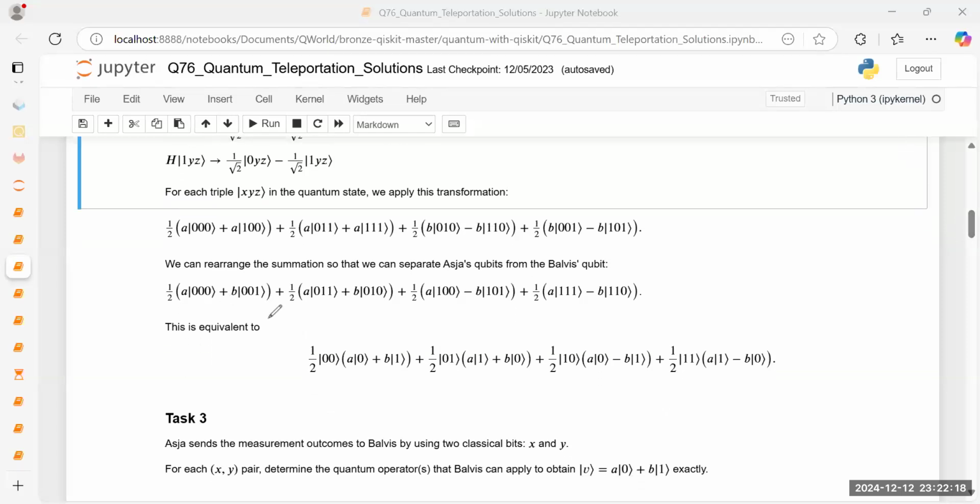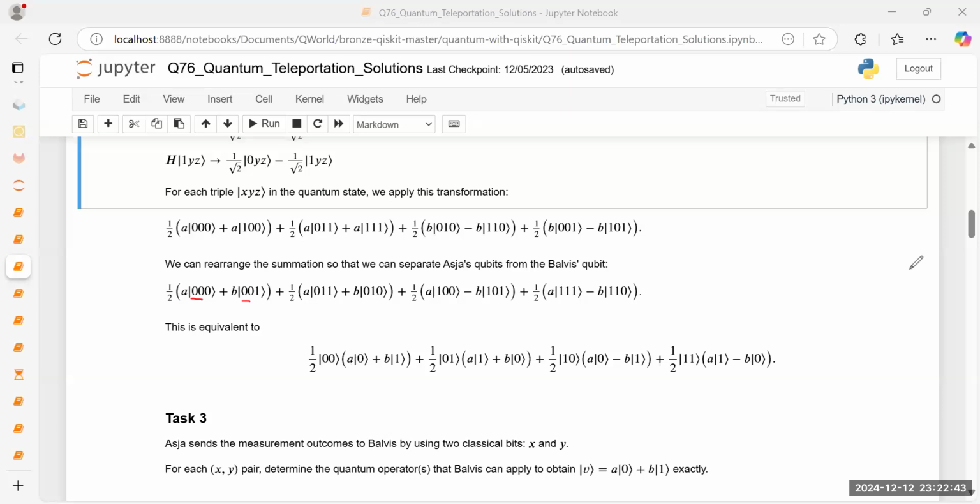So for these 2 states you see here, we can factor these out. So we have 0, 0, and 0, 0 here. So we factor it out. Here we also have 0, 1, and 0, 1. So we factor it out. 1, 0, 1, 0, we also factor it out, and 1, 1, 1, 1, we factor it out.